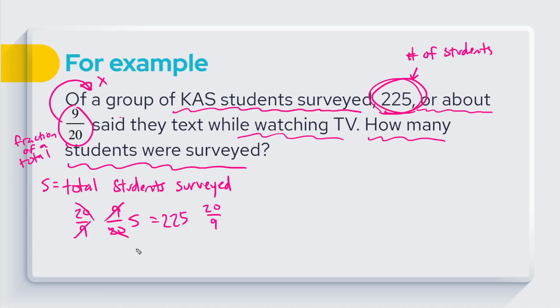Where we can cancel these out, and that would give us S equals 225 times 20, which is 4,500 over 9. And to simplify that, S would equal 500. 500 total students were surveyed. 225 of them said that they text while they watch TV.